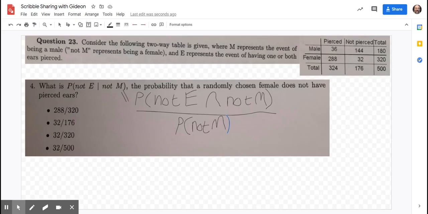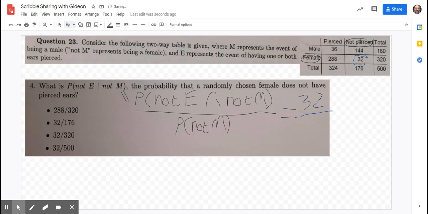I want the probability of the intersection, not E. That means not pierced. So that's this, not pierced over here. And not male, right? That means and female. Females are all here. So not pierced and female is there's 32 people who are not pierced and female.